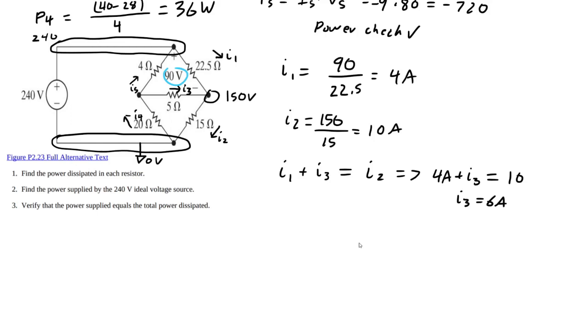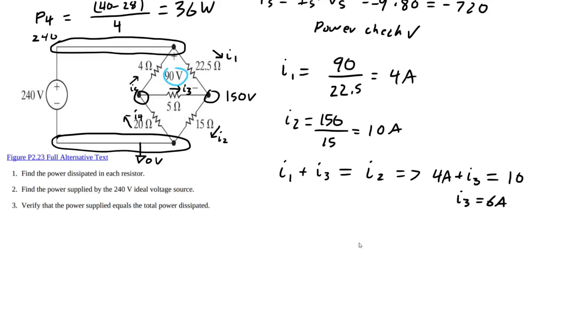So if we know that I3 equals 6 amps, using Ohm's law, we can find out the voltage over here and quickly find the other currents. We can also use KCL to find those currents, but let's just do this real quickly.